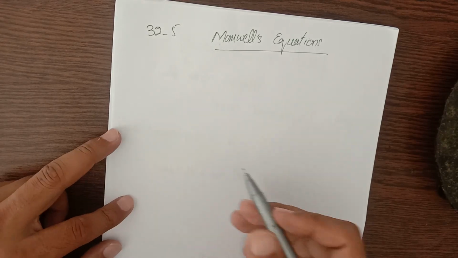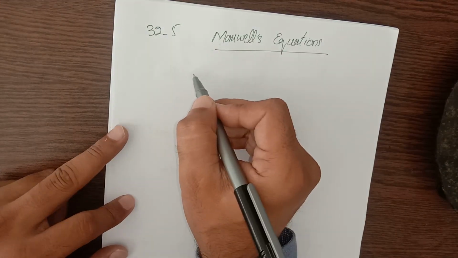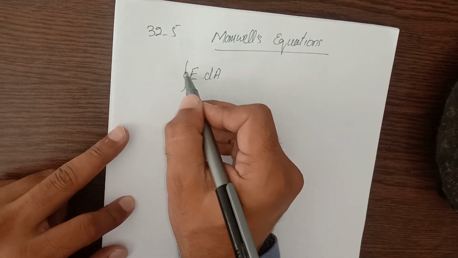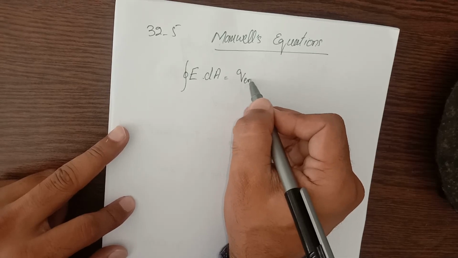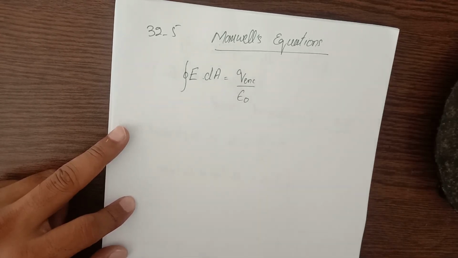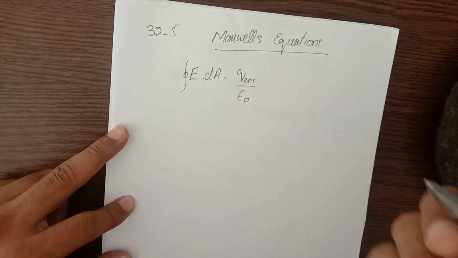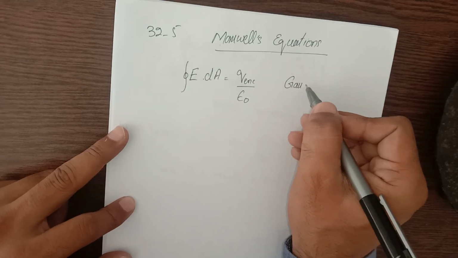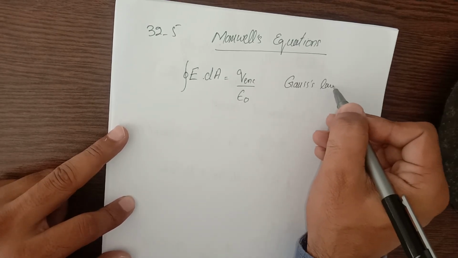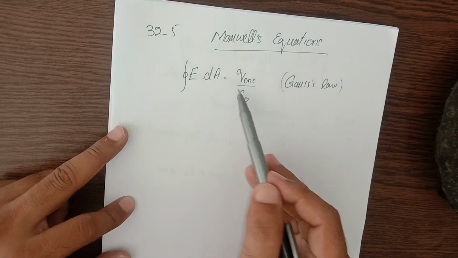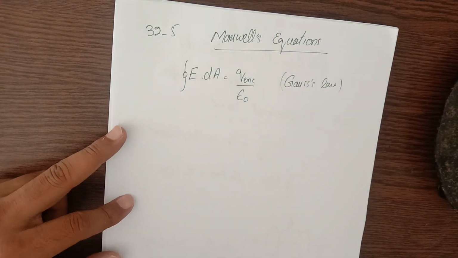First one is Gauss's law, which is given as E dot dA equals charge enclosed per unit epsilon naught. This is the first Maxwell's equation, which is known as Gauss's law, and it relates the electric flux to the net enclosed charge.